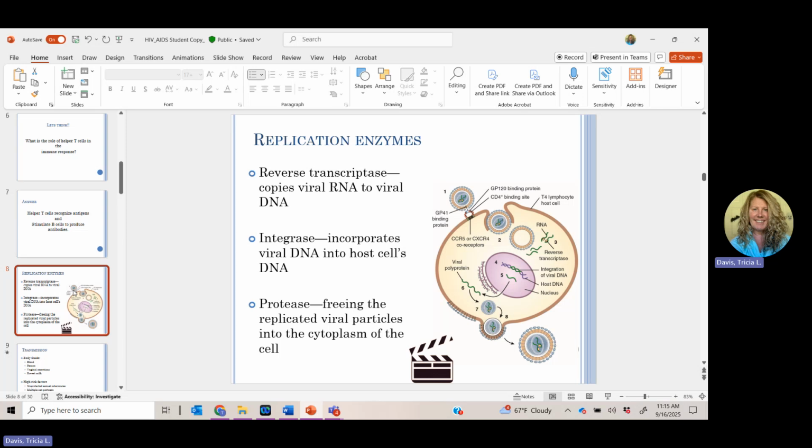Then we have integrase, which incorporates that now viral DNA into the host cell, into our own DNA. Then we have protease, which frees those replicated viral particles into the cytoplasm of the cell. So these are the three main processes that we see for this virus replicating.